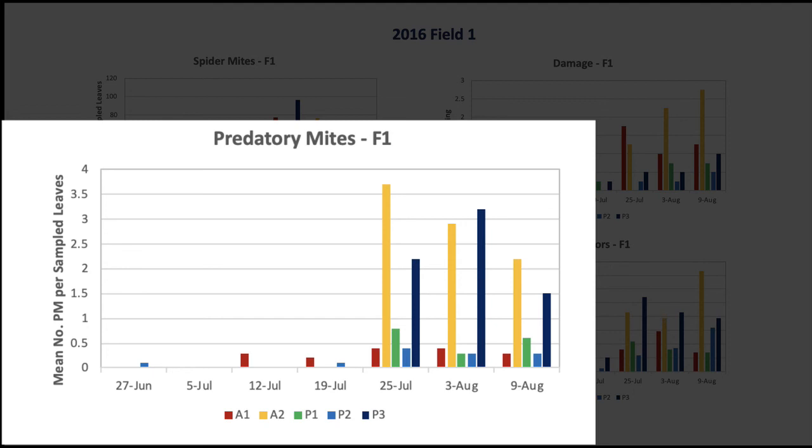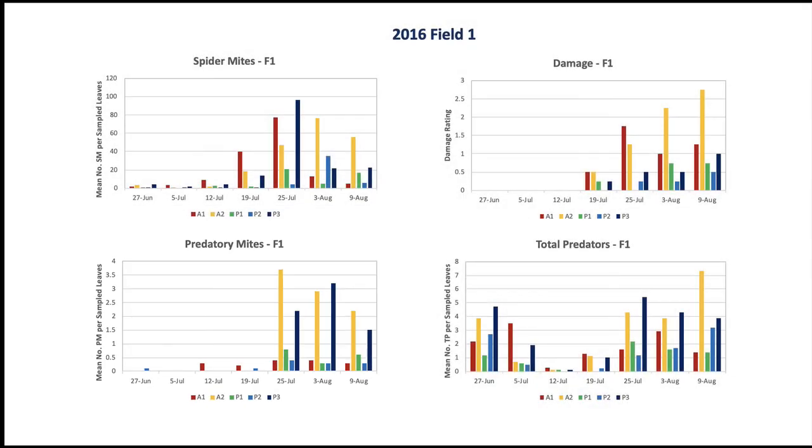But where we had released the predatory mites in P1 and P2, we may not have had as heavy of the predatory mites in those areas, but the predatory mites were keeping that population down. And because it was keeping the population down, we didn't see that spike in the spider mite population.